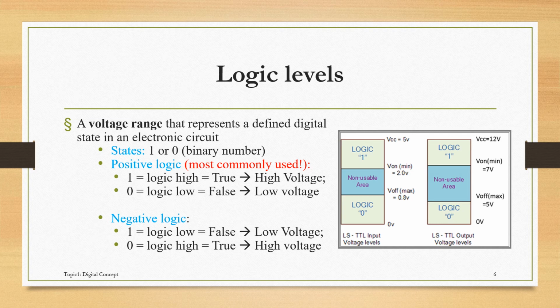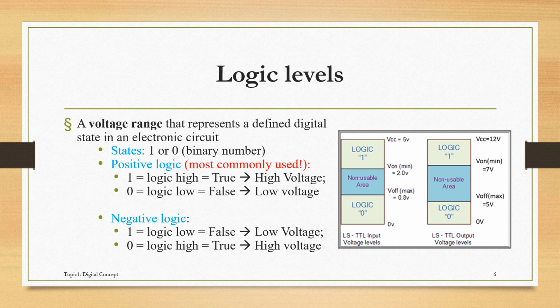State 0 is defined as logic low or false, corresponding to the low voltage range. For negative logic, state 1 is defined as logic low instead, also called the false state, corresponding to the low voltage range.